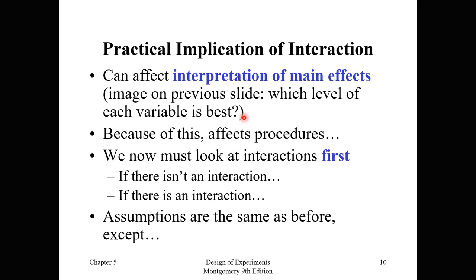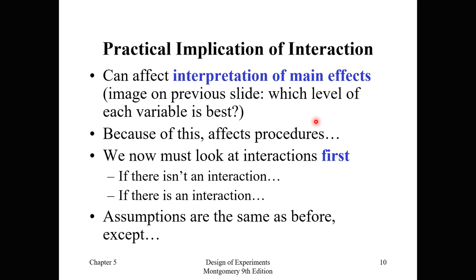So what ends up happening is that the procedures become, we still first look at our assumptions. We still check our assumptions first, but then right after the assumptions, after all our assumptions pass or we fixed them or whatever we have to do, obviously if our assumptions don't pass, we don't continue.